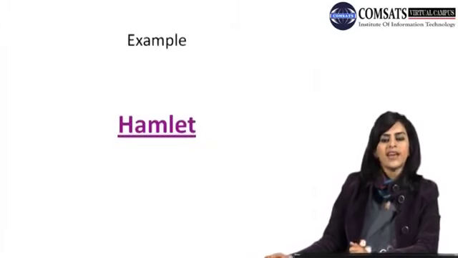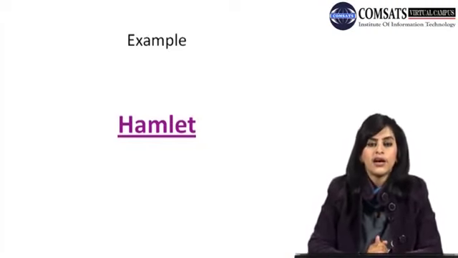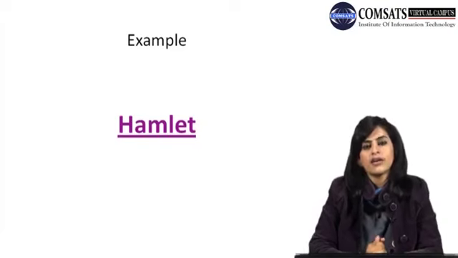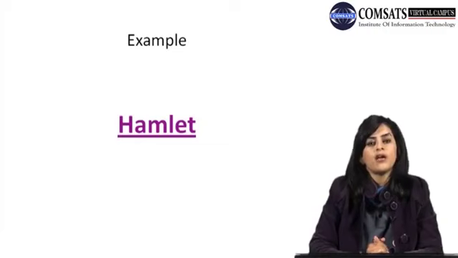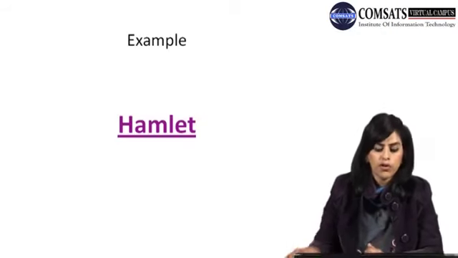Now moving on to the next slide, we are going to take one example of the character of Hamlet in the drama Hamlet, and see one good example of how a writer presents the character of Hamlet from a particular point of view.